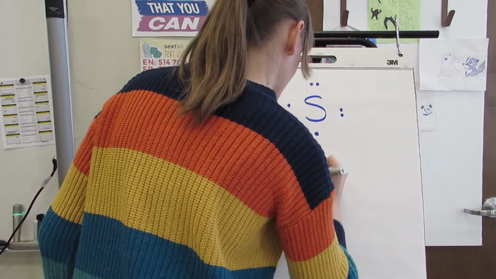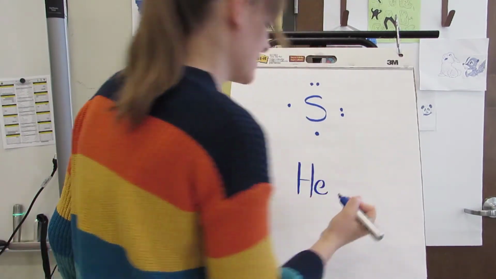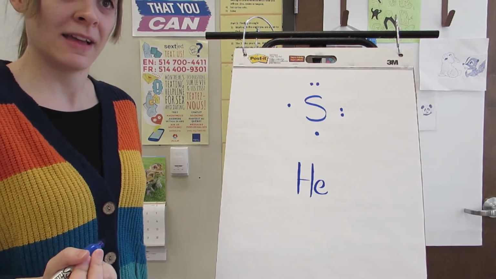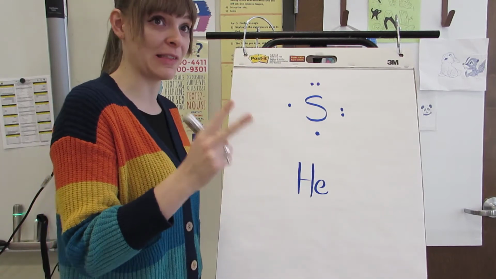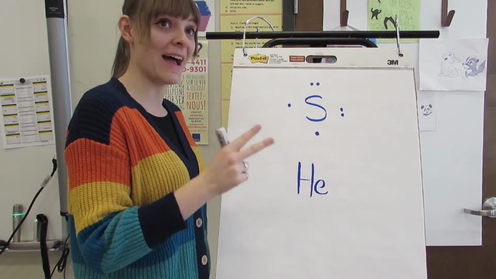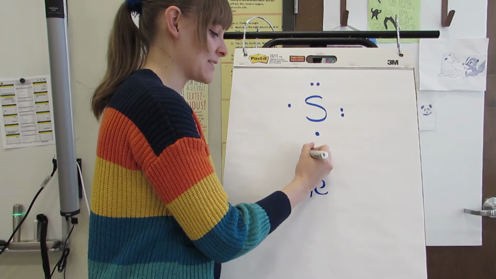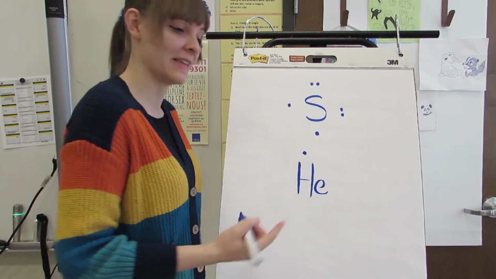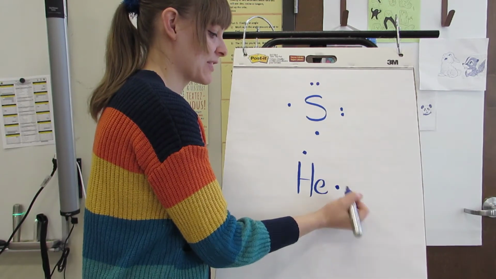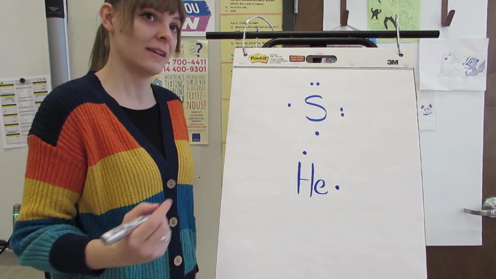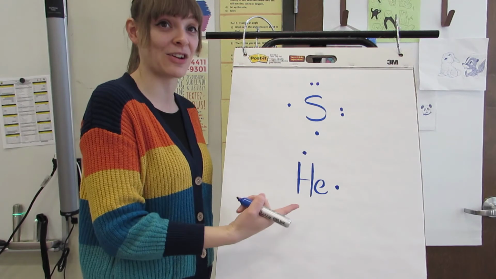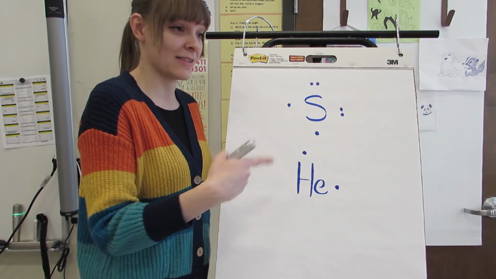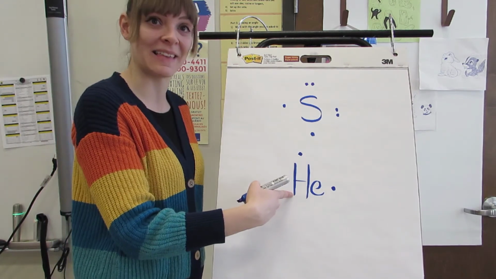Helium is represented by He, and helium only has 2 electrons. Therefore, the Lewis structure can only have 2 electrons. Again, I start at the top, I draw one, and then I go to the side and I draw the other one. If I see helium with 8 dots around it, that is incorrect. So just remember that about helium.